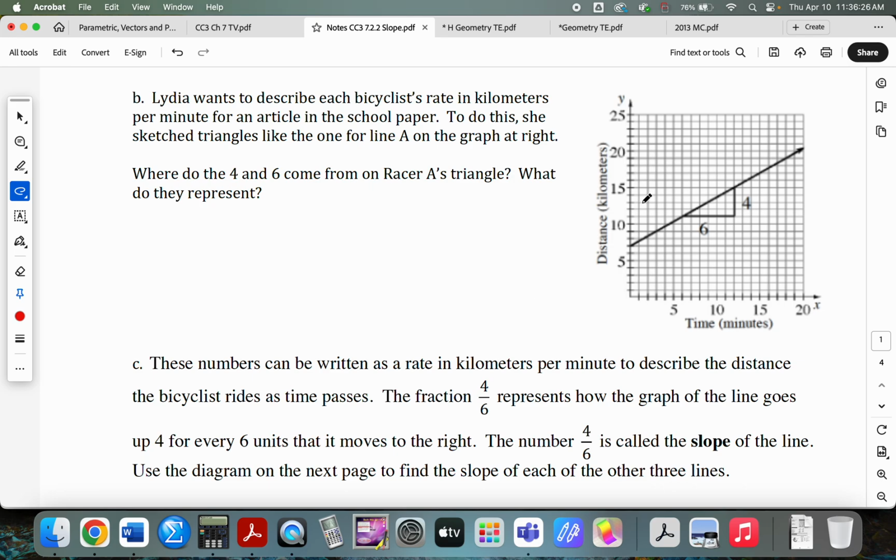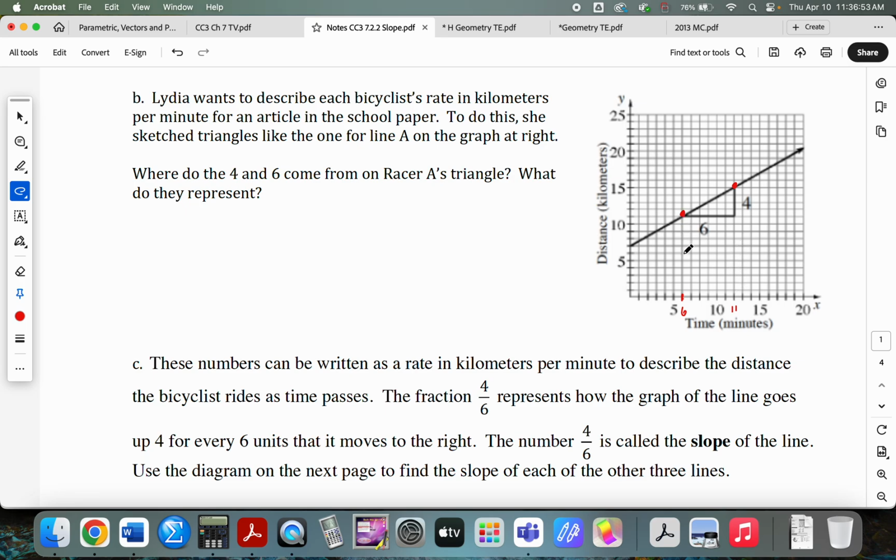Well, what we're looking at is we're looking between these 2 points. So this time is at 6 minutes. This time is at 11 minutes. Hang on, am I in the right spot?